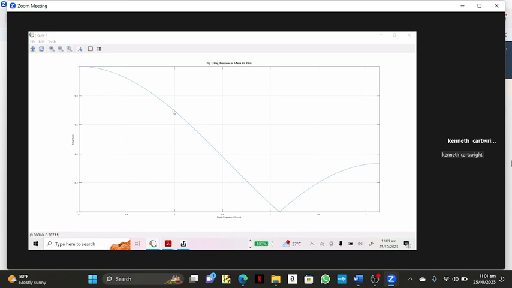And what is it theoretically? I gave this to you last class. What is it theoretically? It was pi something. I'm referring to the cutoff frequency.